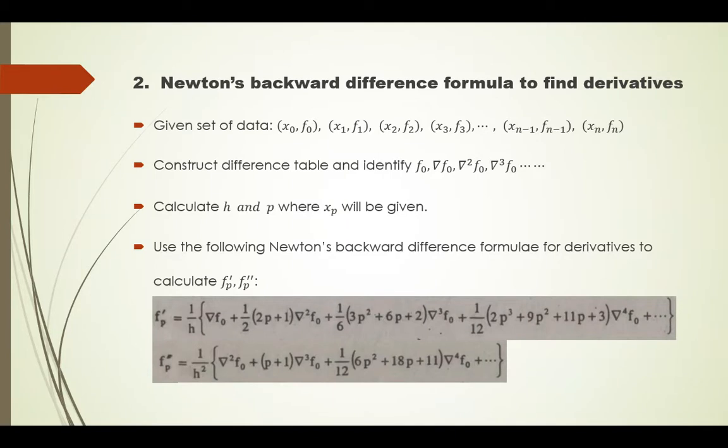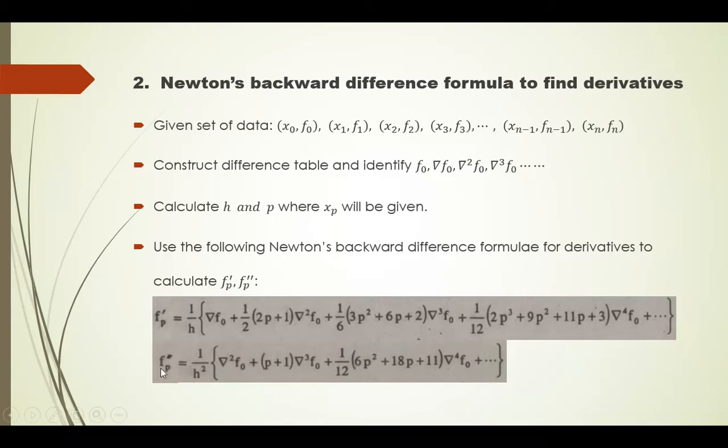That is the formula for the first derivative of the function. This formula is derived from Newton's backward difference formula by differentiating that formula with respect to p to get the first derivative, and the second derivative is obtained by differentiating the above derivative with respect to p again. 1 over h will be outside, and the derivative of nabla f naught is 0 with respect to p.